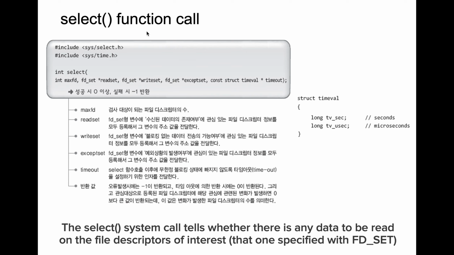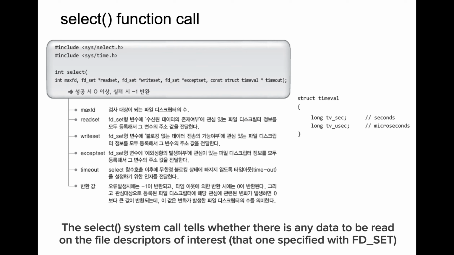After the setup stage, there is requesting changes. That is done by a function call called select, and select accepts multiple arguments, and the most important one is maxFD. What is the maximum number of file descriptors inside your FD set? At the beginning, if you don't have any streams or sockets or files open, the only file descriptors always available are 0 and 1, which are the console input and console output.